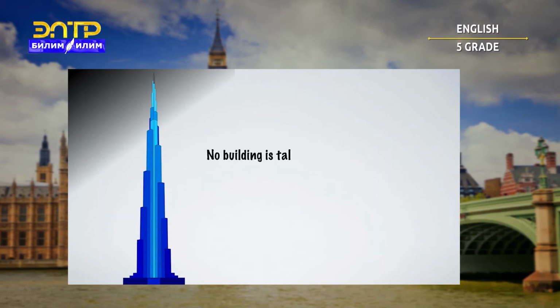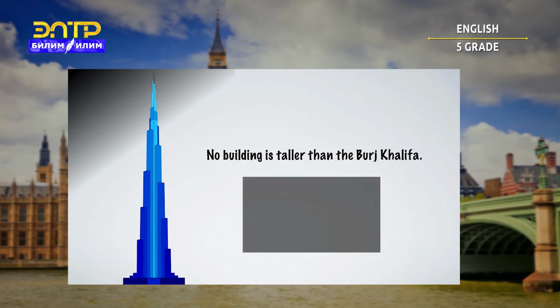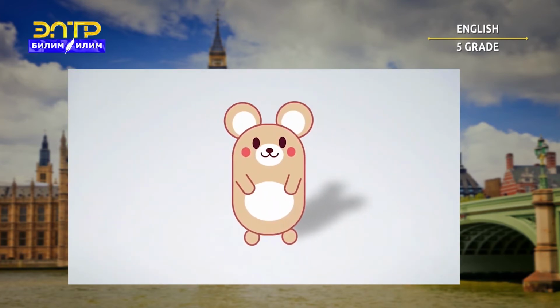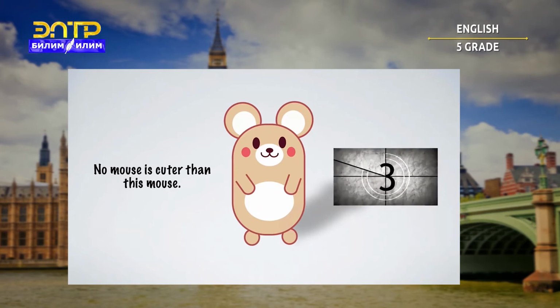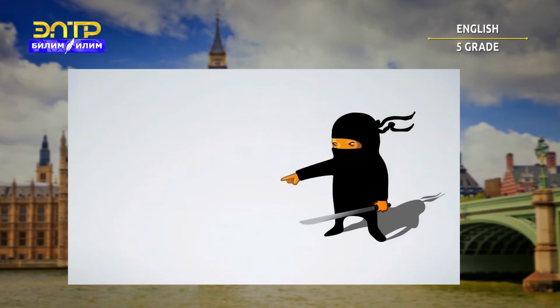This is the Burj Khalifa. No building is taller than the Burj Khalifa. The Burj Khalifa is the tallest building. No mouse is cuter than this mouse. This is the cutest mouse. No ninja is better than Ichiro.